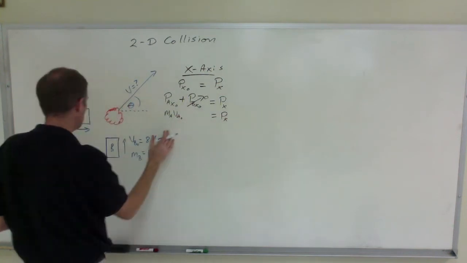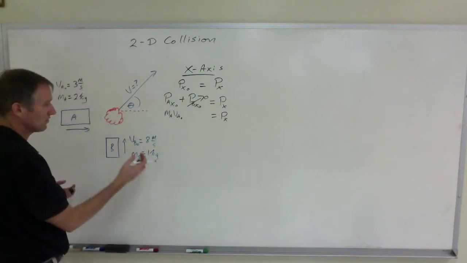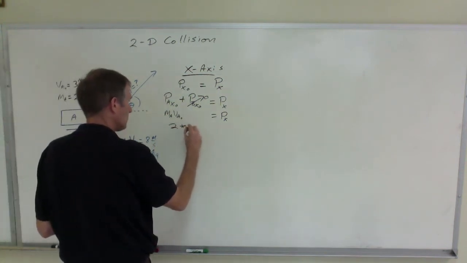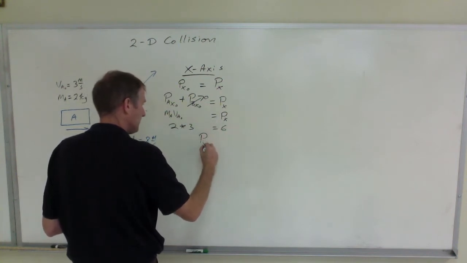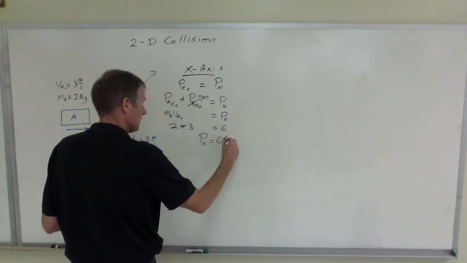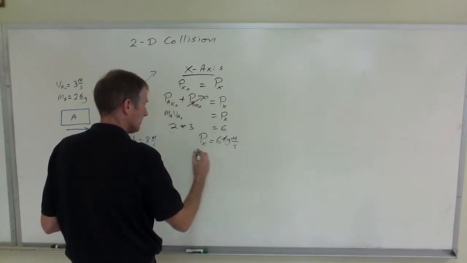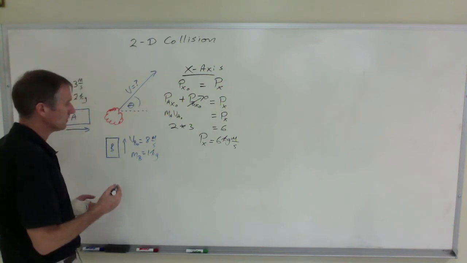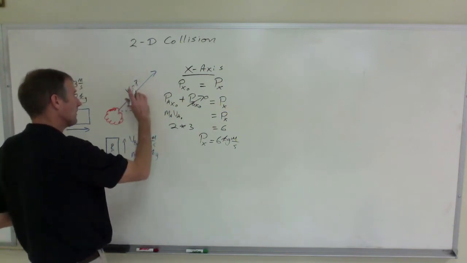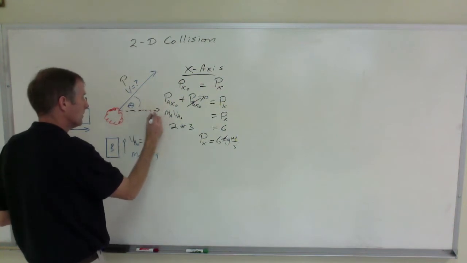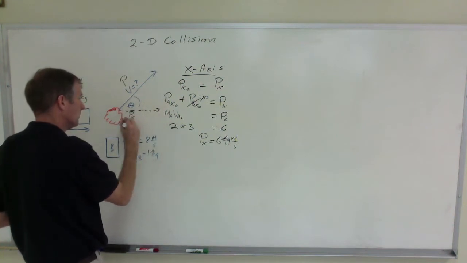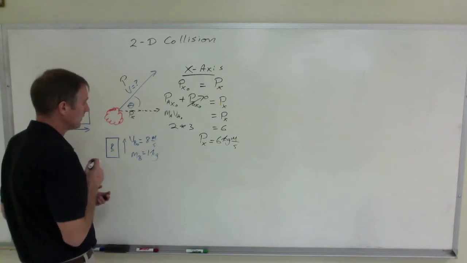So what's px? It's 2 times 3, which is 6. So px is equal to 6 kilogram meters per second. That's the x component of this. So the first thing I'm going to find is p afterwards, and here is its x component. Px equals 6.